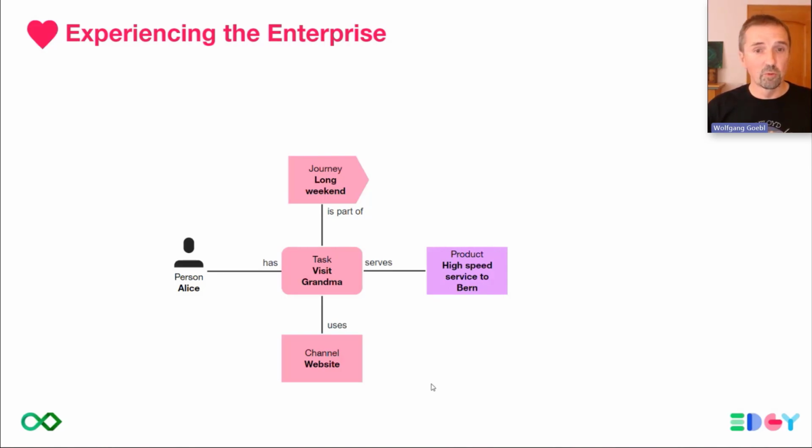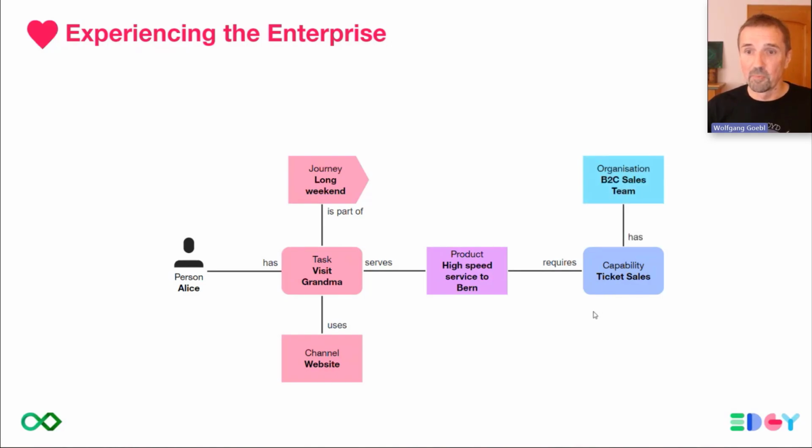So now we moved from the red facet to the intersection. And on the other side, that's where we architects come into play. We connect our capabilities, our capability model, to the product. So we have a relationship: product requires, of course, a ticket sales capability. And that ticket sales capability needs an organization. In EDGY, we have organization as a modeling element, but we say organization has a capability.